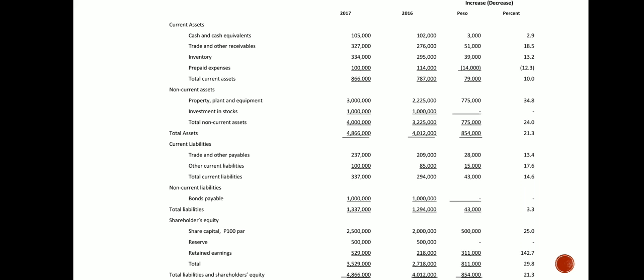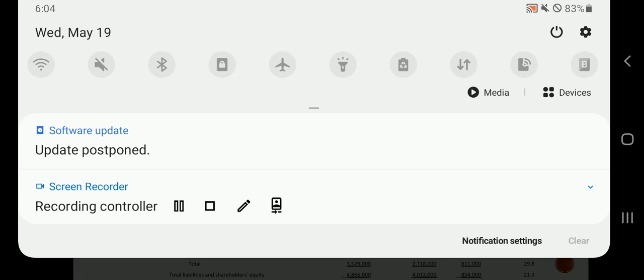So in our illustration, the property, plant, and equipment of Rainy Company increased by 34.8% in 2017. If we're going to talk about solvency, our main focus here is the movement of the non-current assets and the capital structure or the equity of the entity.